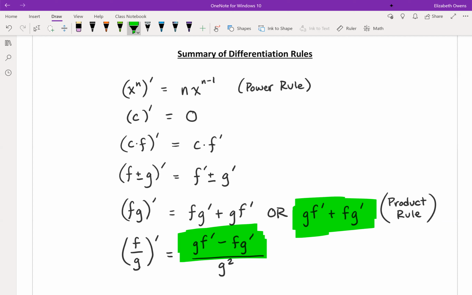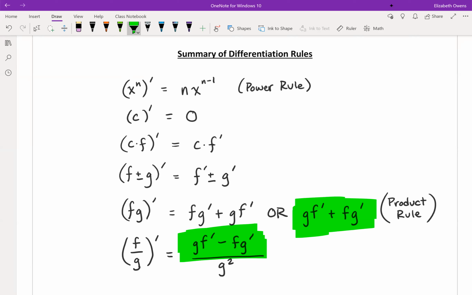They both have gf prime as the first term and then fg prime as the second term. And then you just have to remember that it's a plus for product and a minus for quotient. So if that helps you to memorize it that way, then go for it.